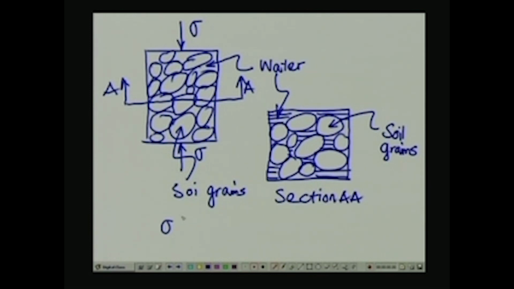So, sigma prime, let us say sigma, a part of it is going to be borne by intergranular contact stresses, and part of it is going to be borne by the pore water pressure. This quantity A subscript S is the amount of area at which the individual soil grains are in mutual contact, and u is the pressure that is borne by pore water, called the pore water pressure.